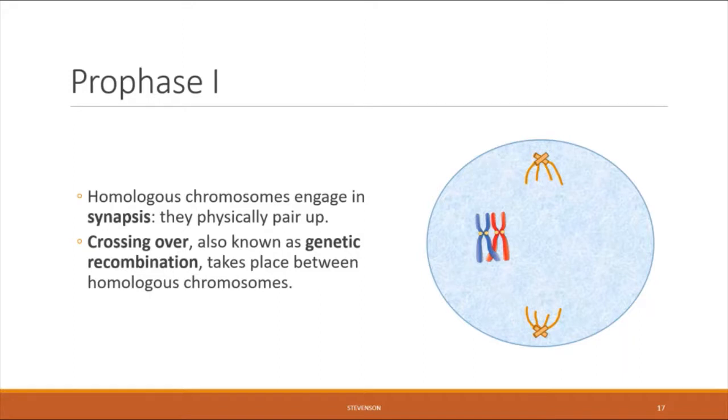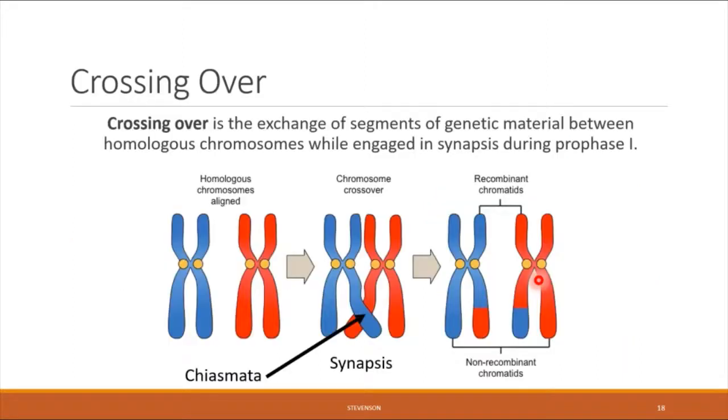And what this means is that the two chromosomes, which are stuck to each other in synapsis, physically exchange chunks of DNA between one chromosome and the other. The points at which they connect with each other and exchange pieces of DNA are called chiasmata, and this can happen multiple times along the same set of chromosomes, but here we see in this example it's only happened once.